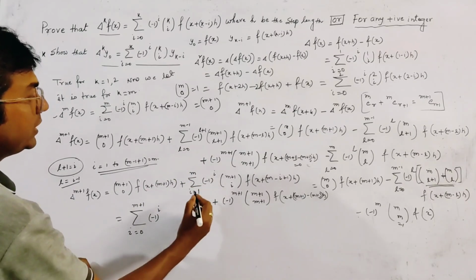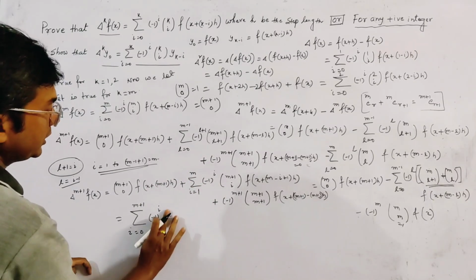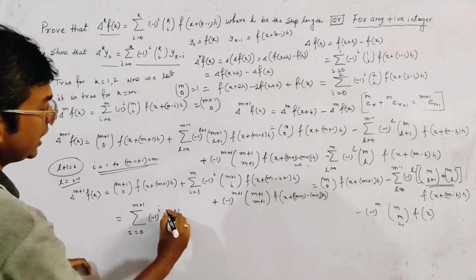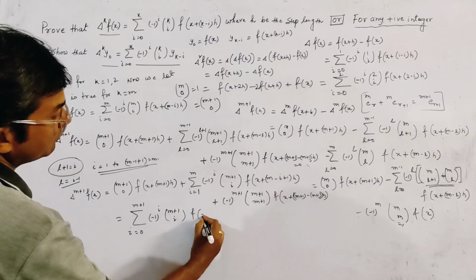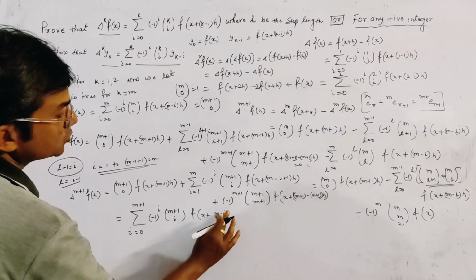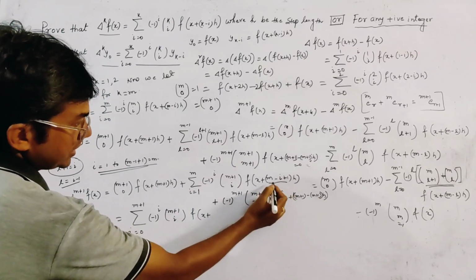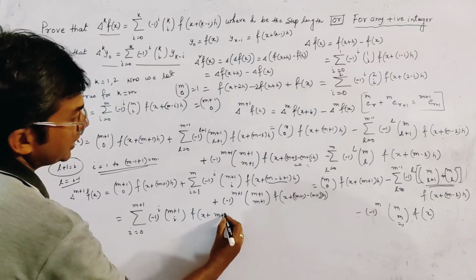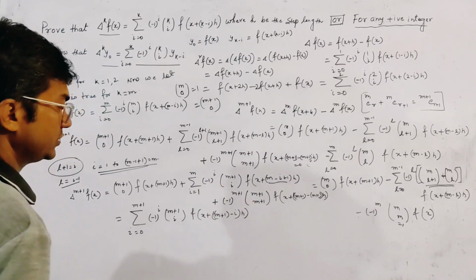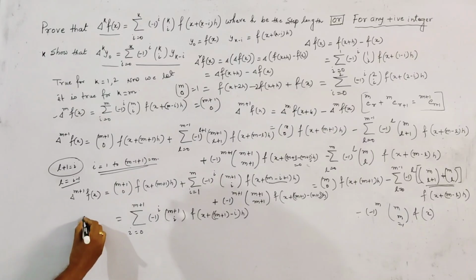The middle term is m plus 1 c I into f of x plus m plus 1 minus I into h. Okay, and this is the formula of delta to the power m plus 1 f of x we get.